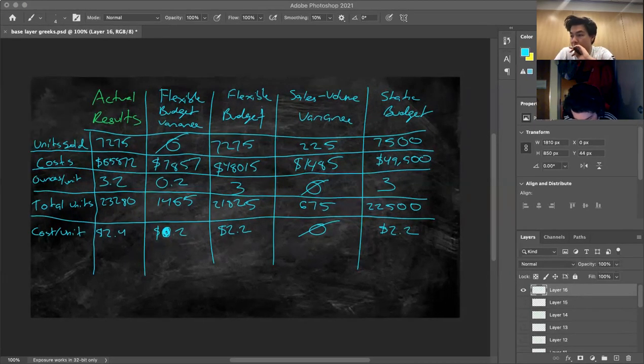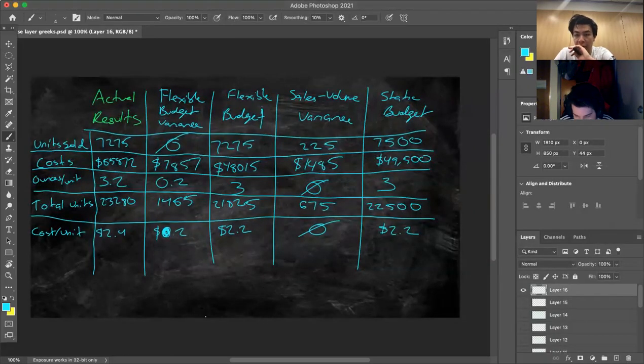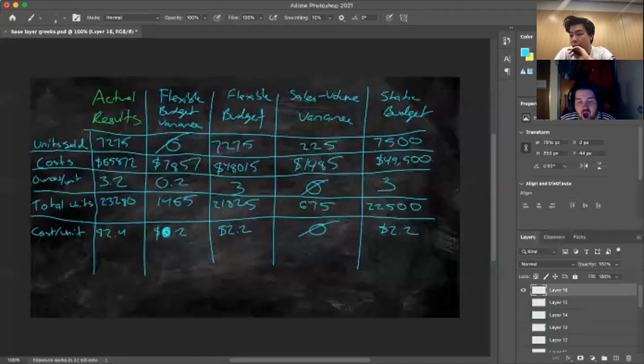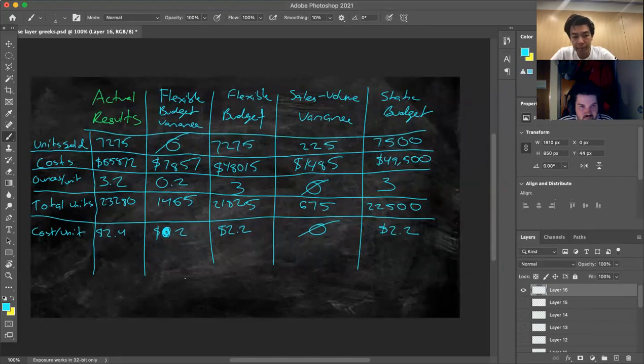Awesome. So let me see here. Your selling price variance is going to be taking actual results minus static budget.